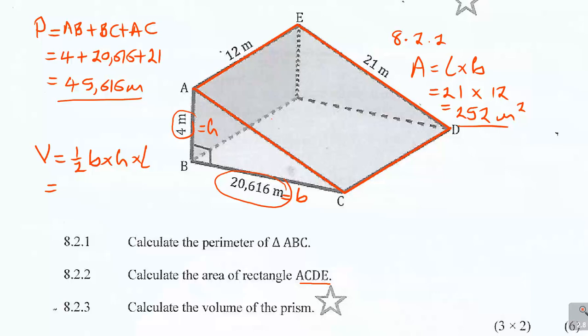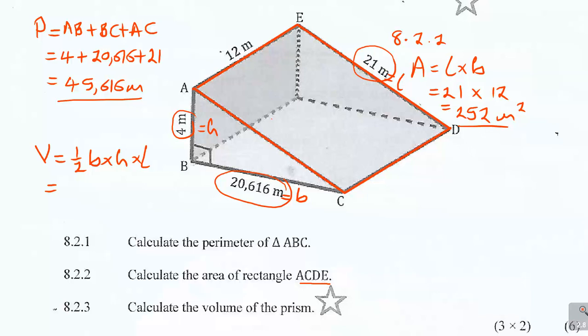And now what you need to be careful about is half base times height times the length. So you need to be careful now to say which one is the length. And you can see here the 21, yes, the 21 here is my length.